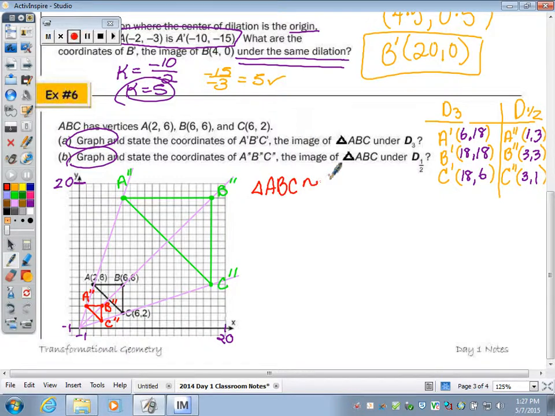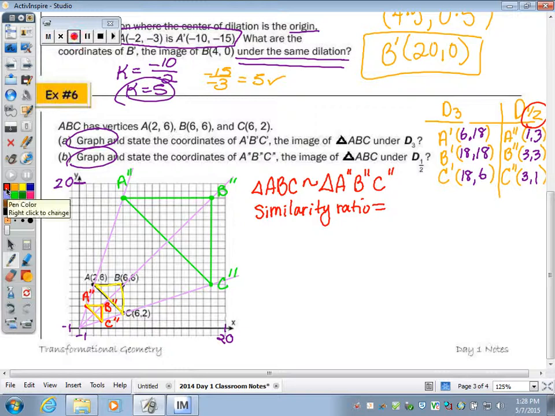Again, it's similar to triangle A double prime, B double prime, C double prime. What is the similarity ratio for these two triangles? Look at your scale factor. Scale factor was 1/2. But comparing this one to this one, our similarity ratio is going to be what?